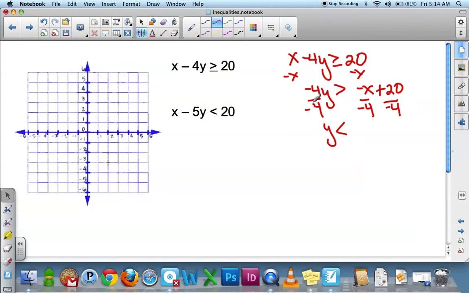That negative symbol makes things switch. So if you're dividing or multiplying by a negative number, you need to switch the sign. So now you've got 1/4 x minus 5. So this would be a great time for you guys. Just pause the video, try the second part yourself, and then start me back up in a few minutes.